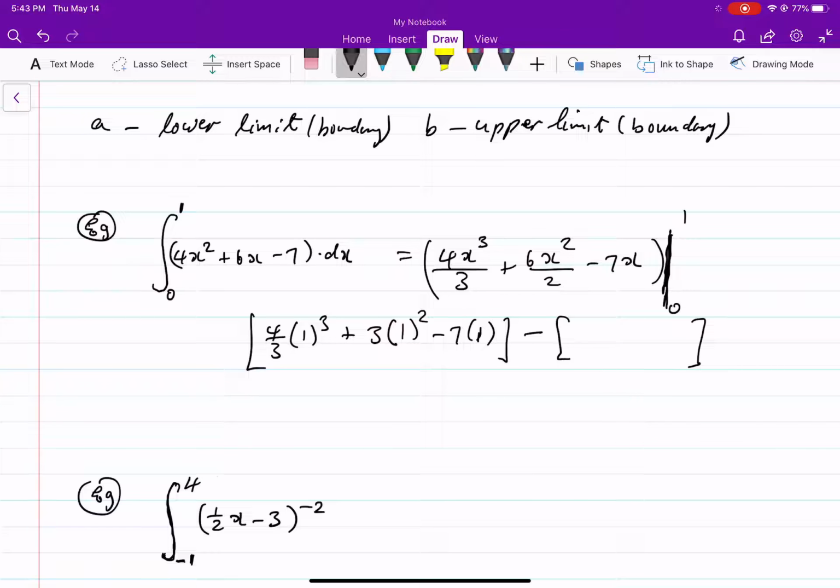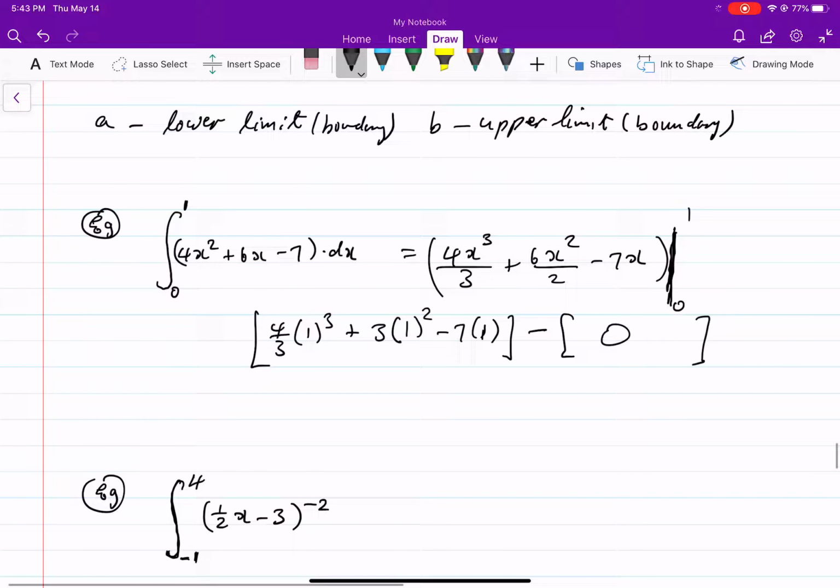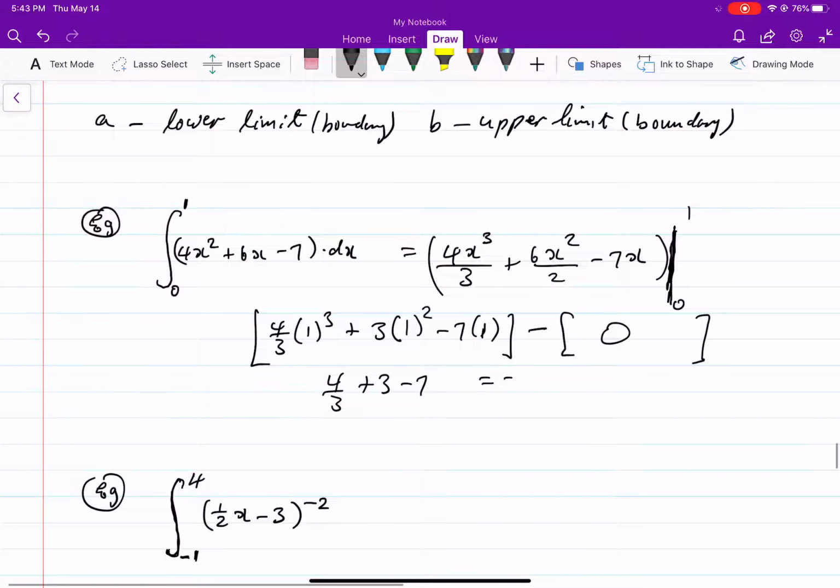Well, because my lower limit is 0, I will get 0 everywhere, so that entire lower limit gives me 0. And I simply evaluate everything in there. This is 4/3 plus 3 minus 7. 3 minus 7 is minus 4. Minus 4 is minus 12/3. 4/3 minus 12/3 is minus 8/3.